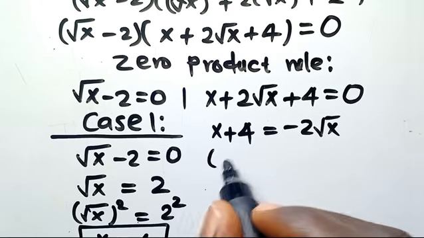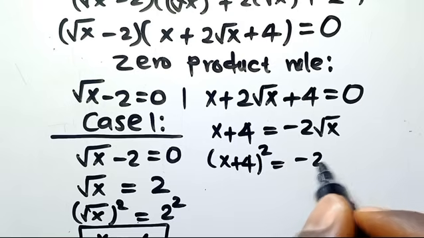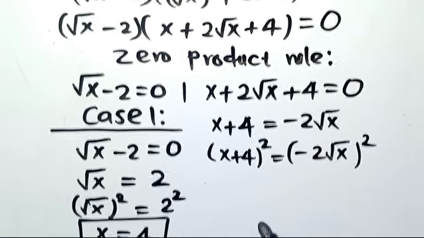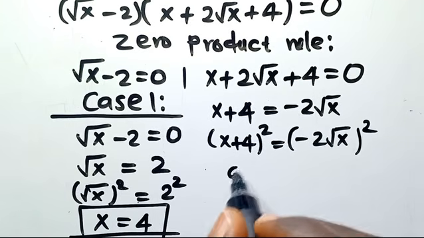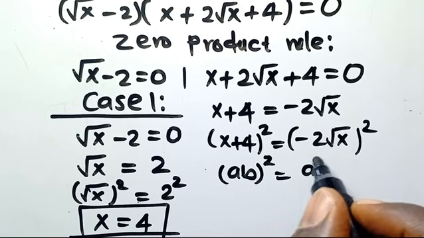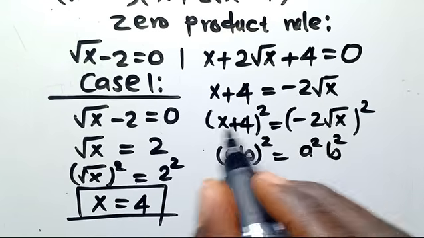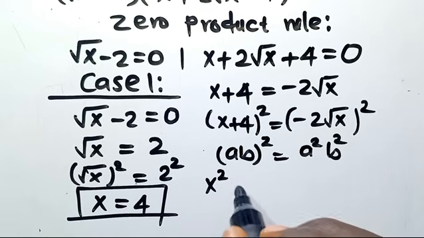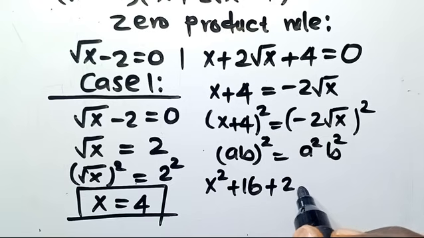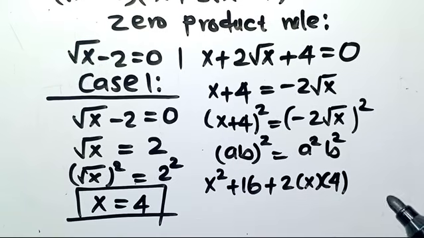Square both sides: (x + 4)² = (−2√x)². Then we have to recall that (ab)² = a²b². So from here, the expansion of this will be x² + 16 + 2x times 4.